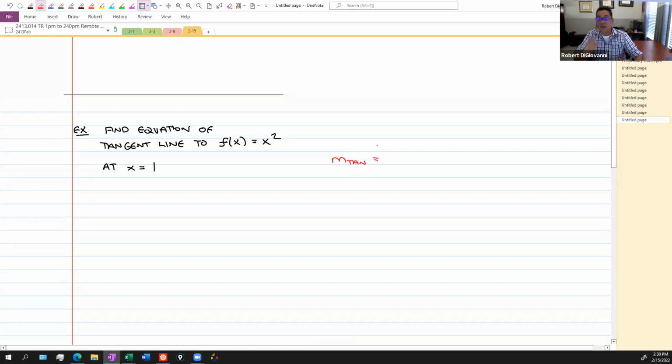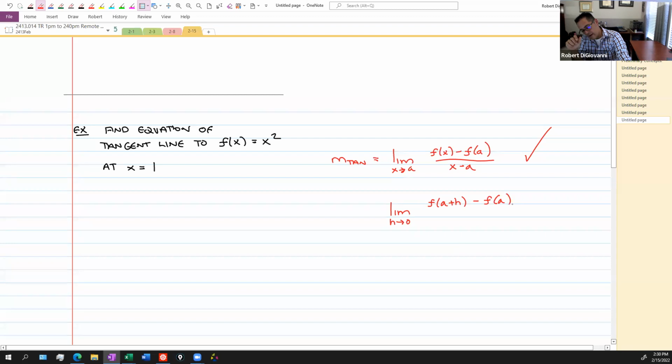And we used the definition that I had given you before, which was limit x approaches a, f of x minus f of a all over x minus a, right? That's what we had done. Now let's do it with the second version. The second version looks like this: limit h goes to 0, f of a plus h minus f of a all over h. That's our second definition.